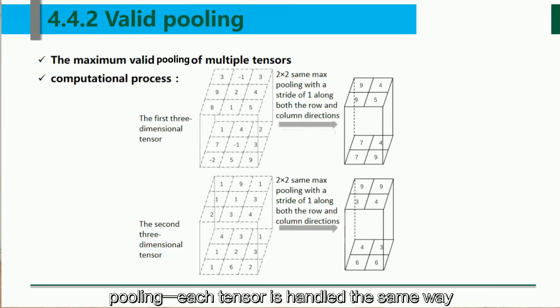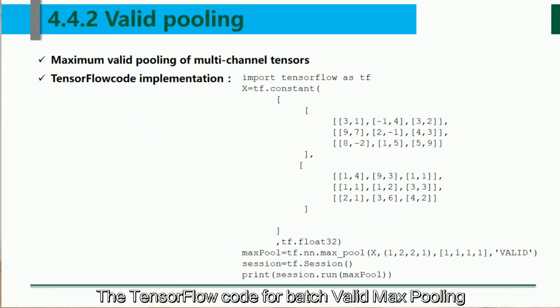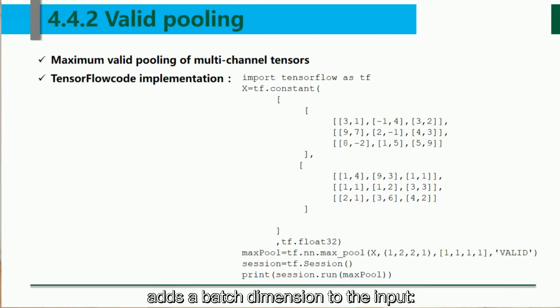Each tensor is handled the same way, no cross-batch mixing. The TensorFlow code for batch valid max pooling adds a batch dimension to the input. Input X shape is 2, 3, 3, 2: 2 tensors, 3 multiplied by 3 size, 2 channels.